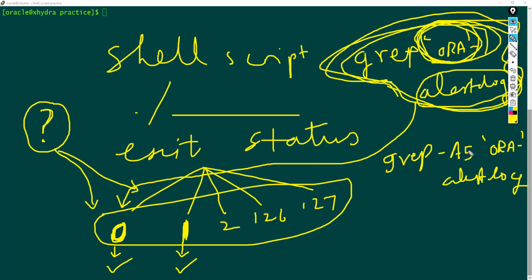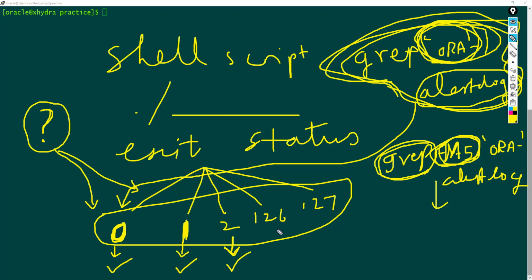Instead of A5, if I give some other letter like M5, this argument does not even exist in the grep command. In this case, I have given the command correctly, but the argument is wrong. So you will get exit status 2. You will get some error saying that this argument or option is not found, and if you check the exit status, it will be 2.